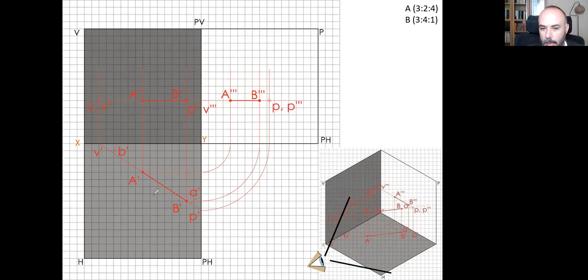Let's call this line here T. This is line T. And on this drawing here, I am looking at T prime. This is T double prime. And this is T triple prime.